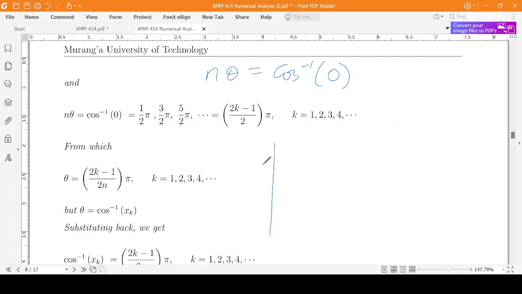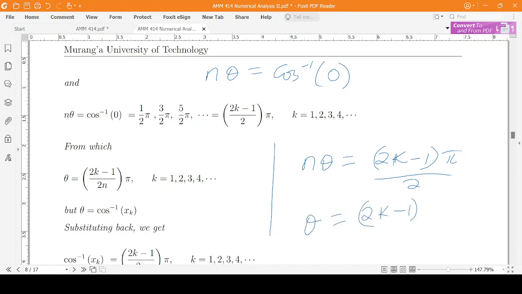And now we have n theta equals (2k minus 1) pi all over 2, so that theta becomes (2k minus 1) pi all over 2n.